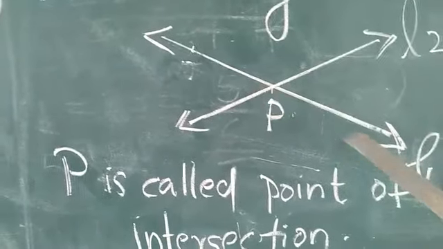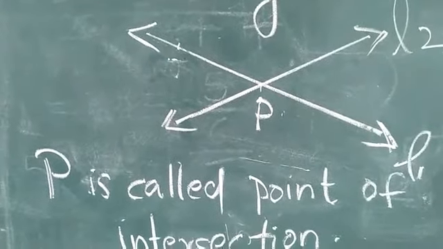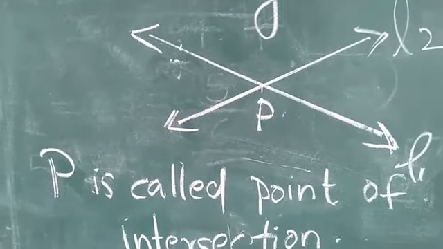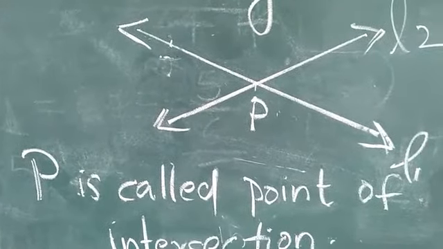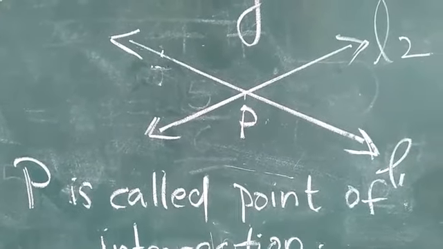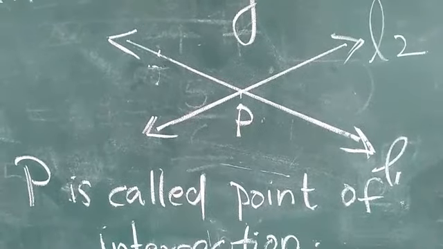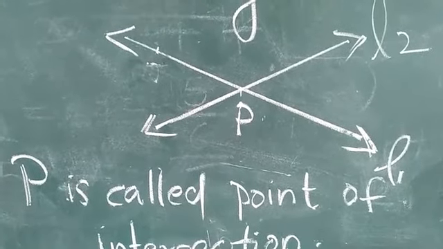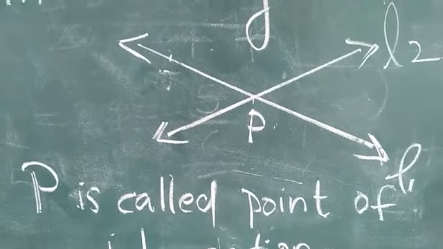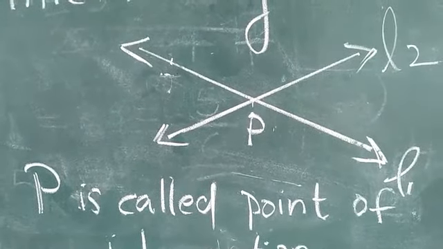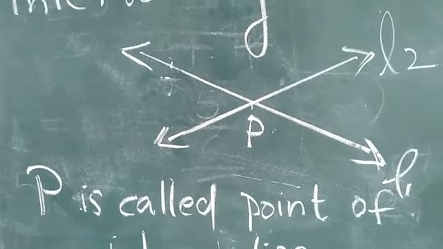Intersecting means meeting at a point. Then we can say two lines are intersecting and these L1 and L2 are called intersecting lines. So you understood this concept? Point, next line segment, line, then we found intersecting lines.